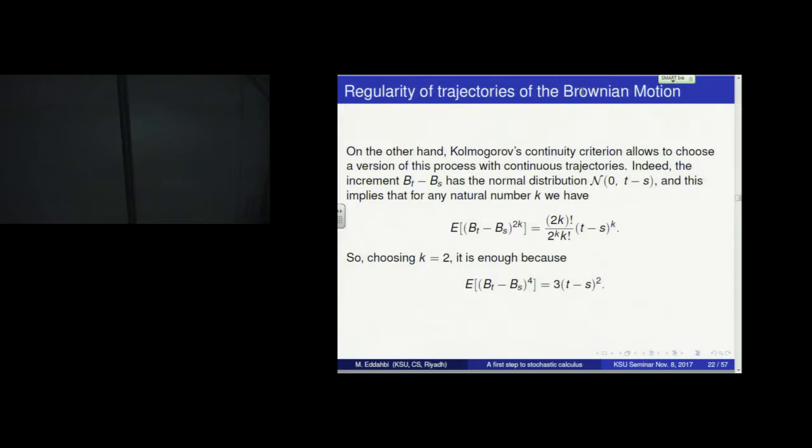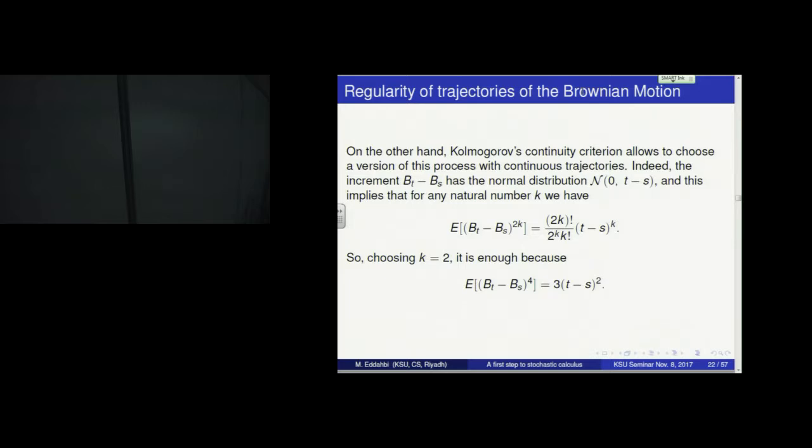Thanks to this property, because the difference is normally distributed with mean 0 and variance t minus s, I can evaluate any moment of this difference to be this. As you can remark here, you have 2k and you have here k.